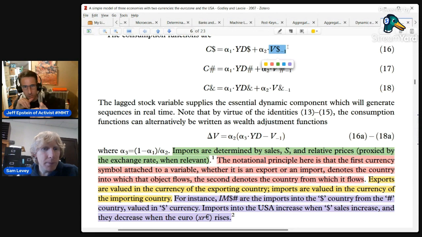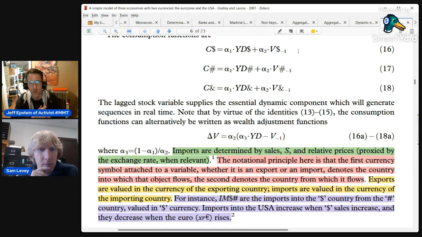Got it. Consumption equals the propensity to consume over my current disposable income for this year, plus my propensity to consume over my total wealth accumulated up until last period. Exactly.